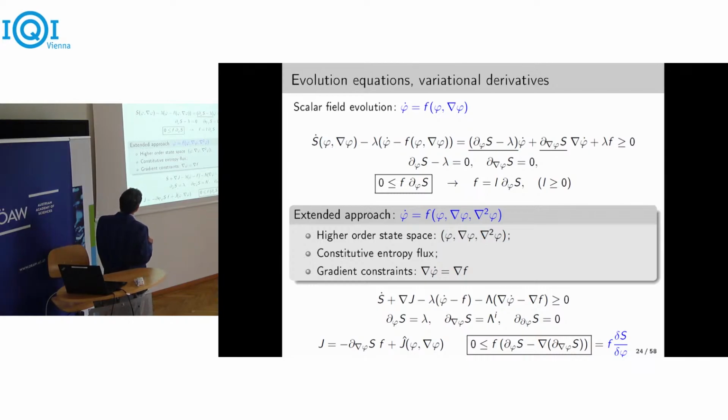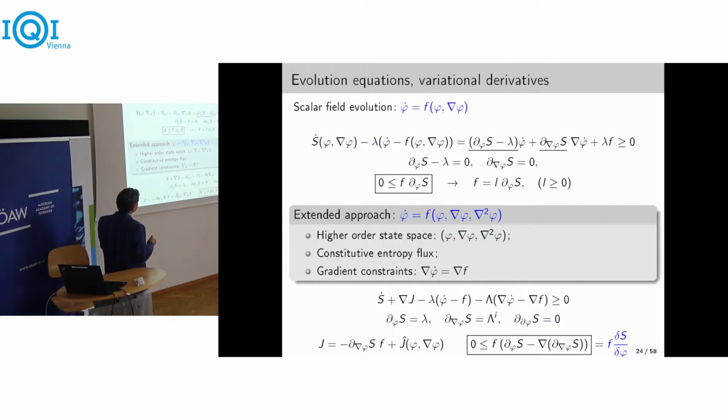Of course, I introduce a Lagrange multiplier, Lagrange-Farkas multiplier, and apply the same procedure. That's actually very simple. What I've got is that the entropy will be independent of the gradient of the scalar variable, and f must be proportional to the derivative of the entropy, which is actually then a local ordinary differential equation that I get.